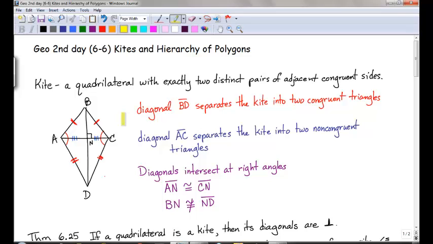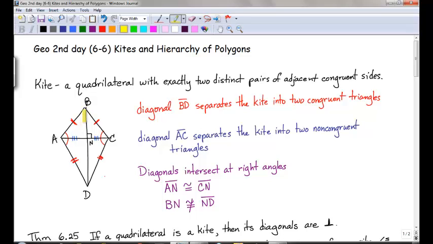And I labeled on this the point where the diagonals intersect, I labeled that point N. Then they talk about the diagonal BD, so that would be this one. It separates the kite into two congruent triangles.